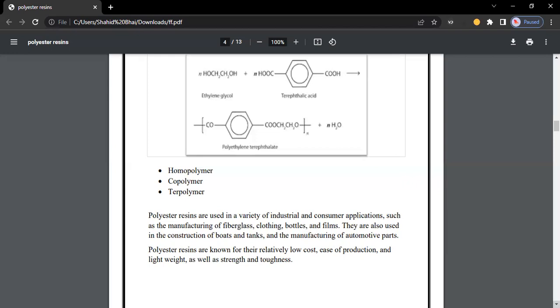It means that two monomers combine to form the copolymer, and in a terpolymer, three monomers combine, forming the polymer under controlled conditions. An example of a copolymer is vinyl acetate reacting with butyl acrylate to form a polymer, known as a copolymer. An example of a terpolymer is weathering-resistant paint.